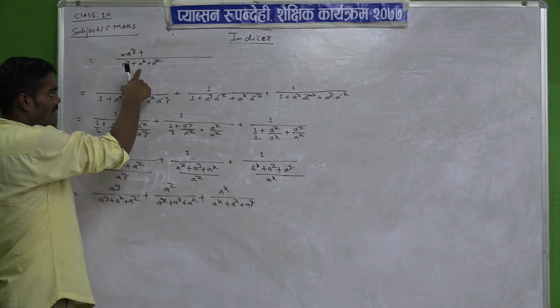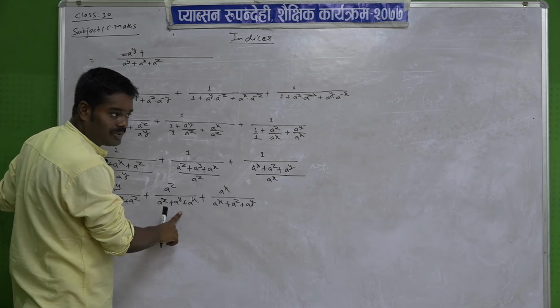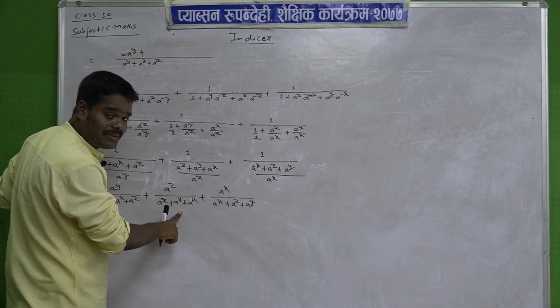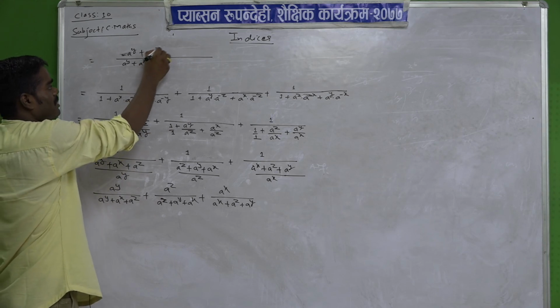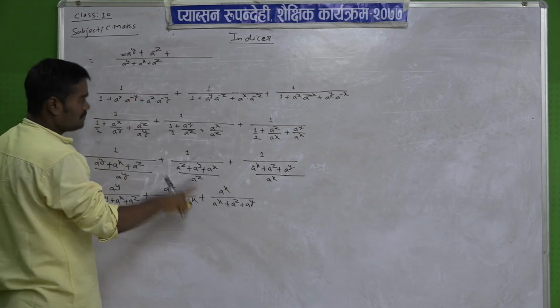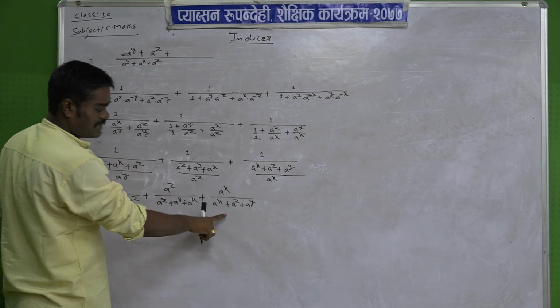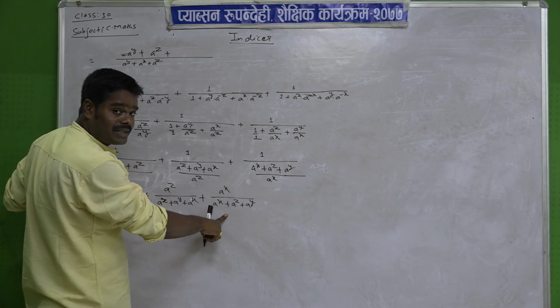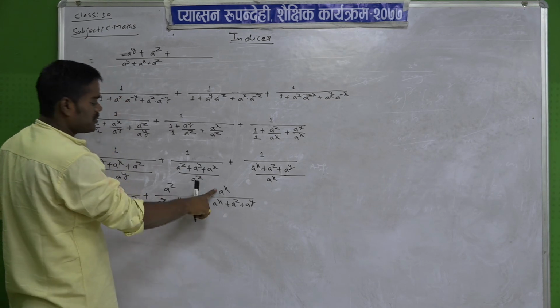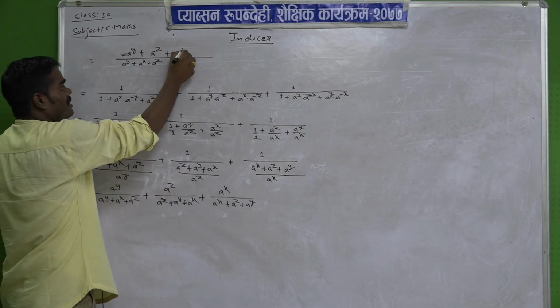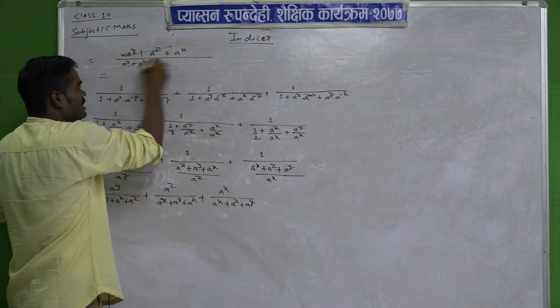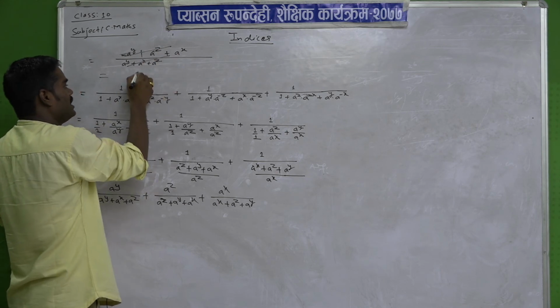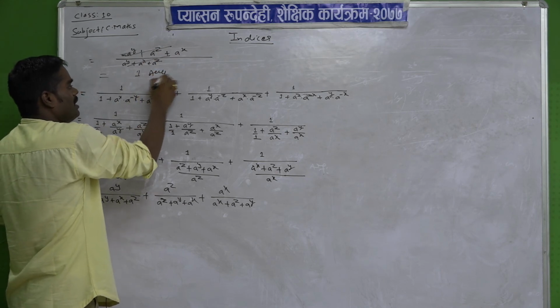Plus, this is the LCM and this is the denominator, divide again, how much is left? 1. So 1 into a power z means a power z. Again this is the LCM and this one is the denominator, again divide, how much is left? 1. So 1 into a power x means a power x. See here, both are the same, so we can cancel. What is left? 1. So this is the answer.